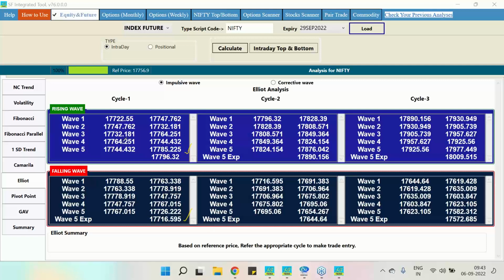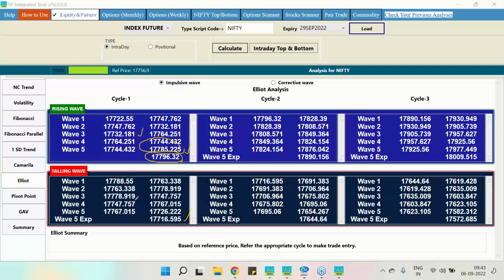Now once the price comes to 17,732, we'll be buying, and you can hedge appropriately, or you can keep a final target of 17,796. Same process after touching 17,796 or 17,785. If the price falls back, what will happen?